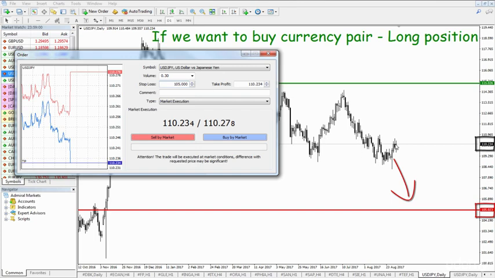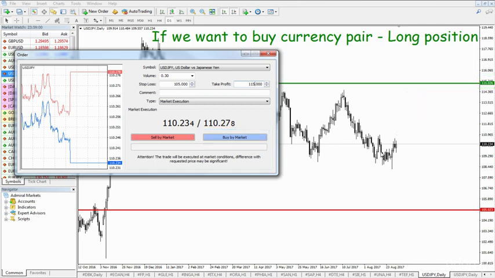And if we expect that the currency pair will grow to 150 yen per dollar, then we will enter an amount of 150 in the take profit field, and then click on the Buy by Market box.